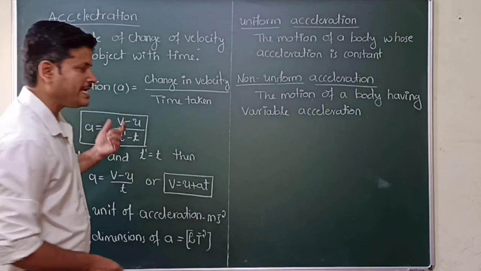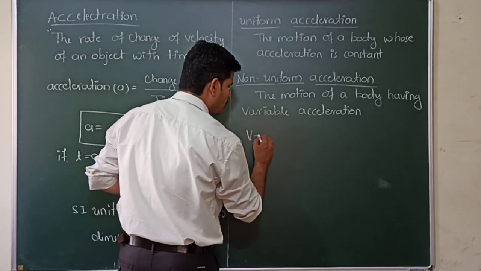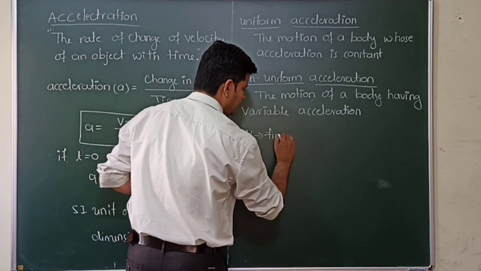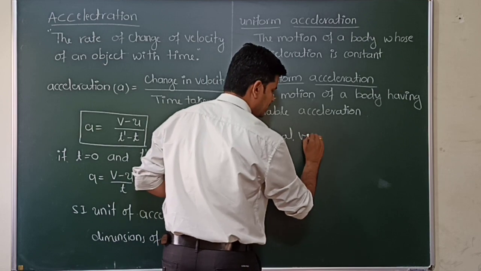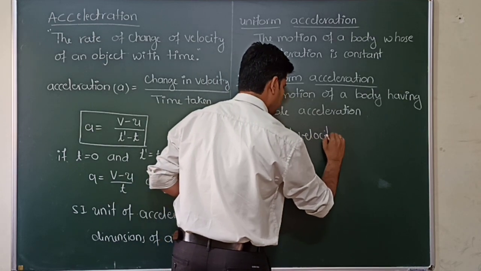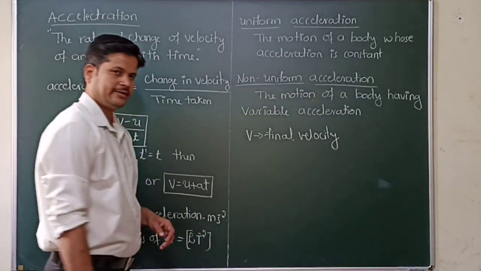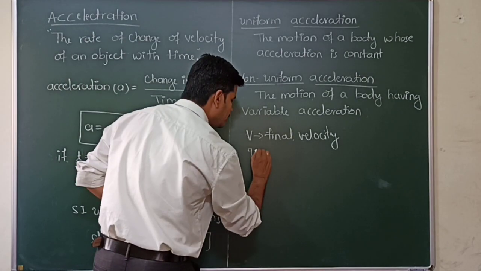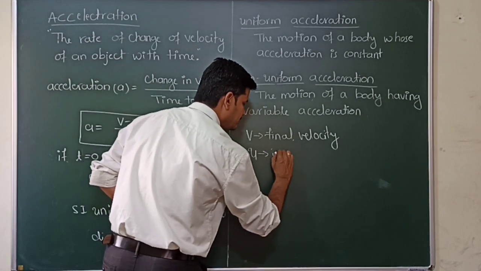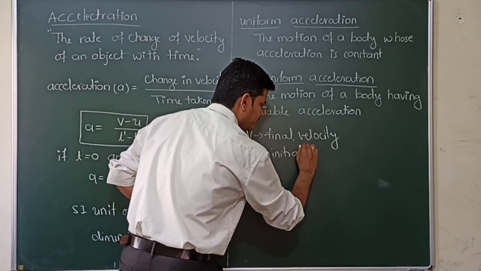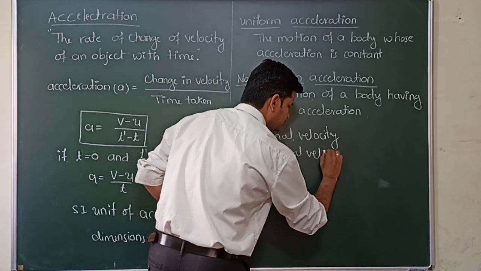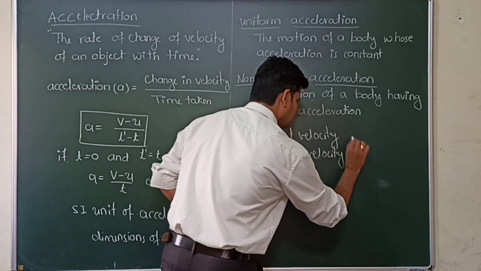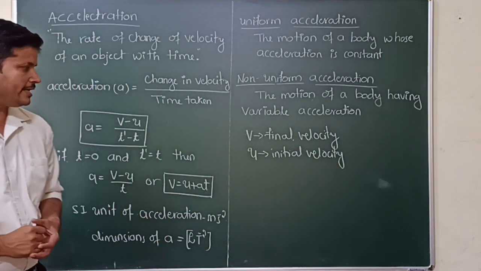Here v is representing the final velocity and u is representing the initial velocity, right?